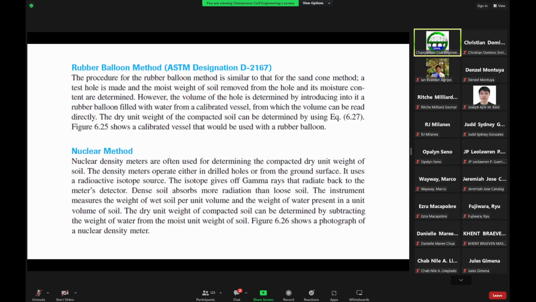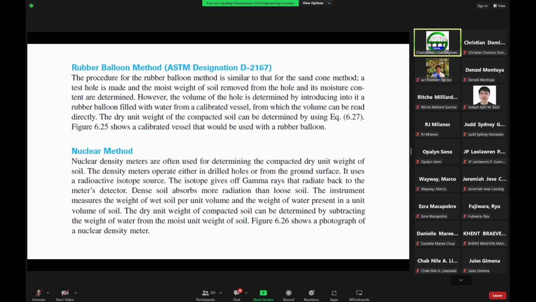Now, aside from the sand cone method, you also have the rubber balloon method, which is ASTM D2167. For the rubber balloon method, a test hole is made, and the moist weight of soil is removed from the hole, the same as what we do in the sand cone method. And then the moisture content is also determined.